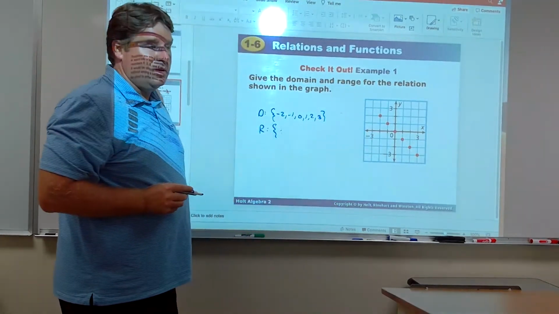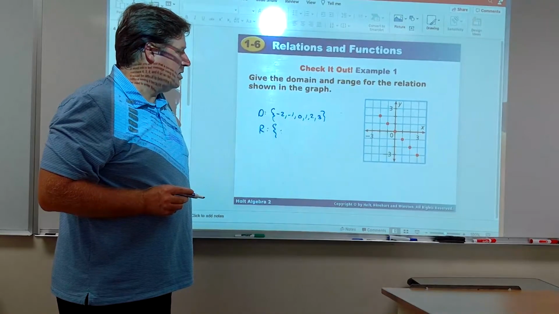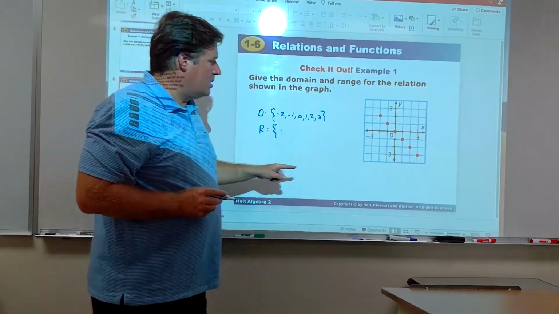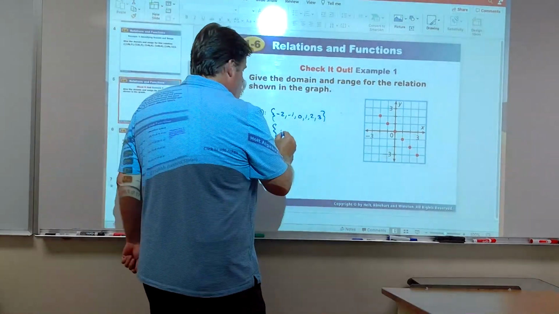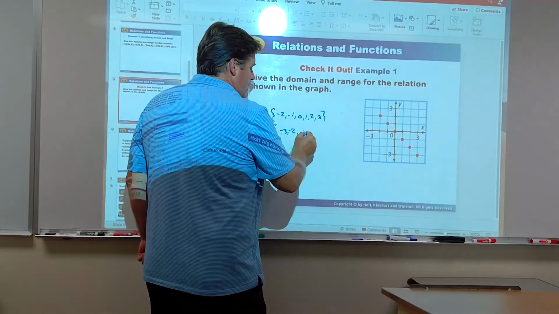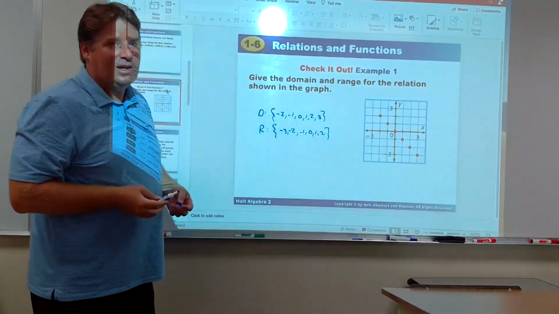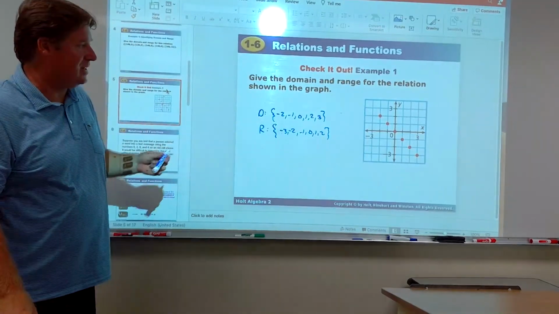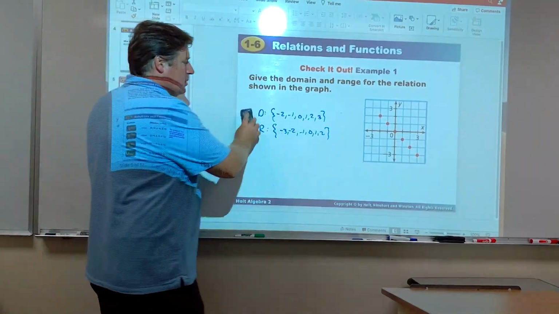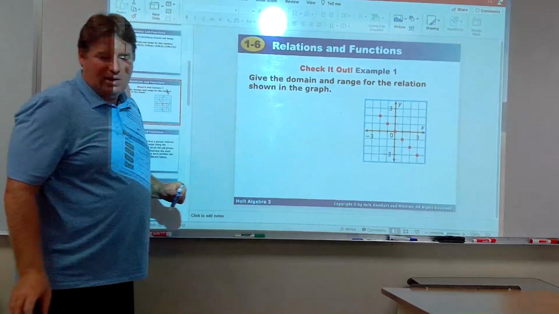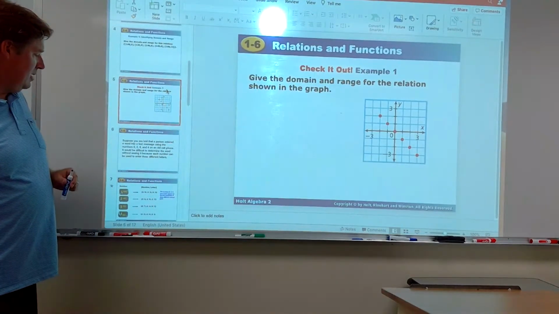Good way to do it, listing it in roster notation. Now the range, let's start at the bottom. Looks like we start here at -3, -2, -1, 0, 1, and 2. So again, we have the domain and the range. We have just dots listed there, so we want to list those out. You can see it right from the graph. Pretty easy peasy, lemon squeezy.